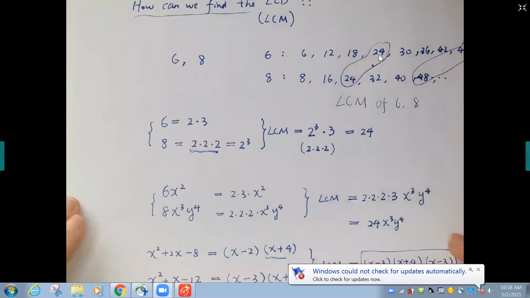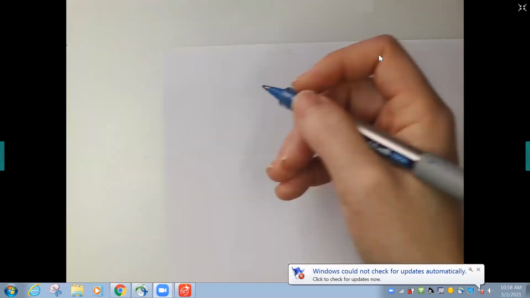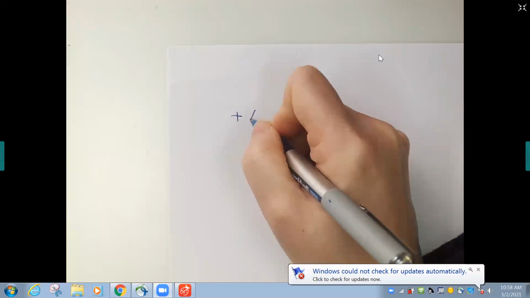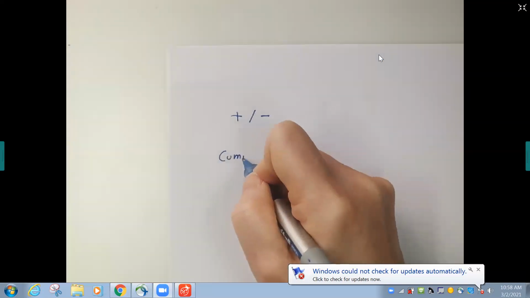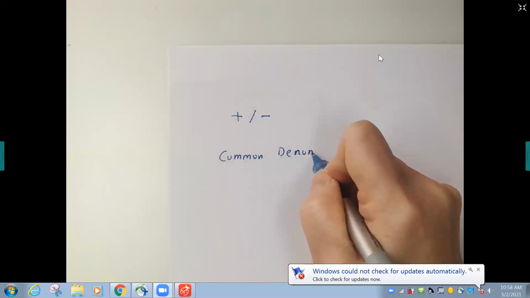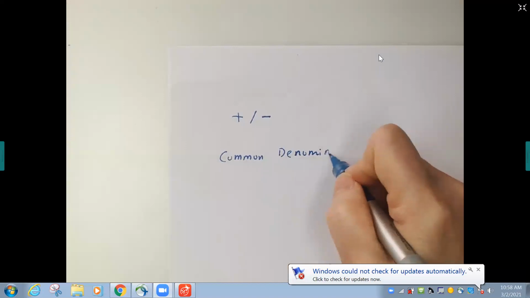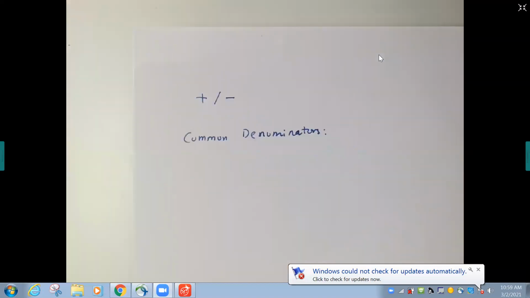Now, let's start to work on the addition and subtraction. To add or subtract two rational expressions when they have the same or common denominators, things are very easy.